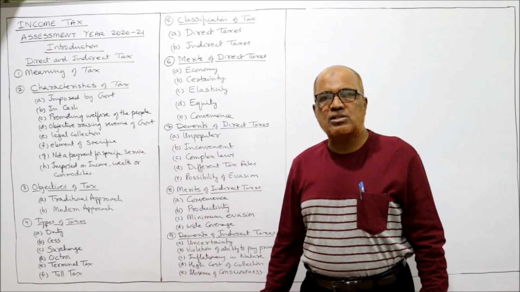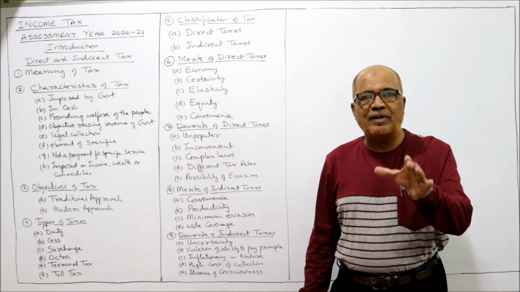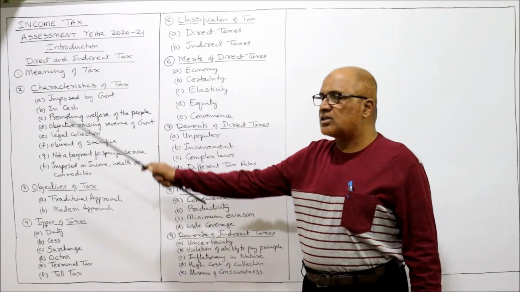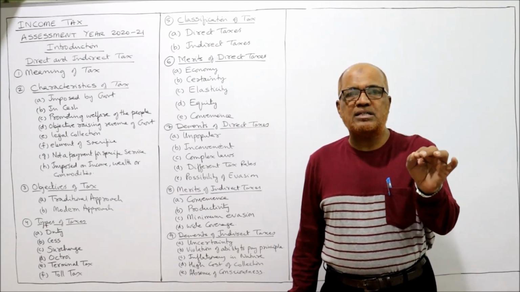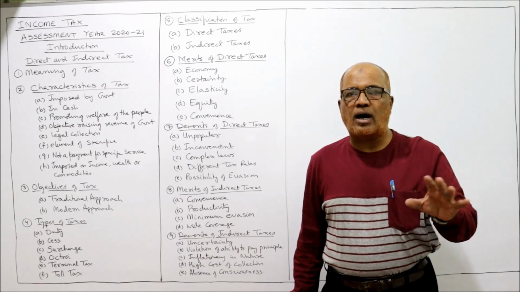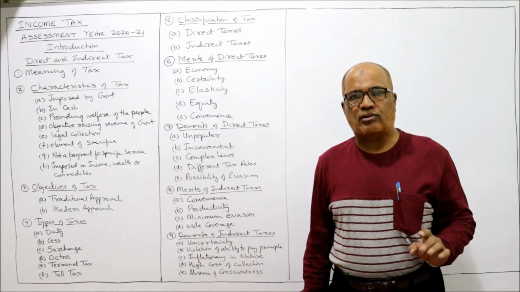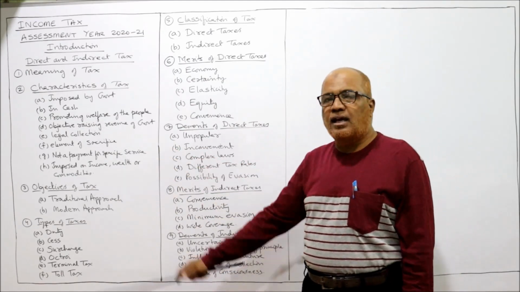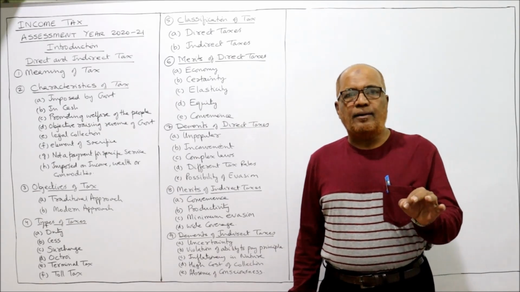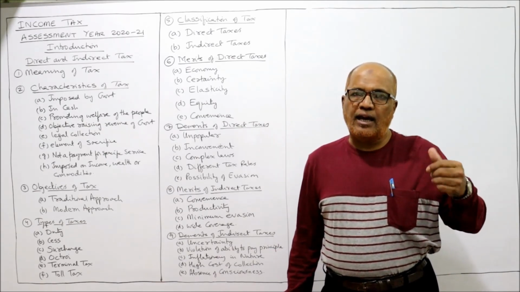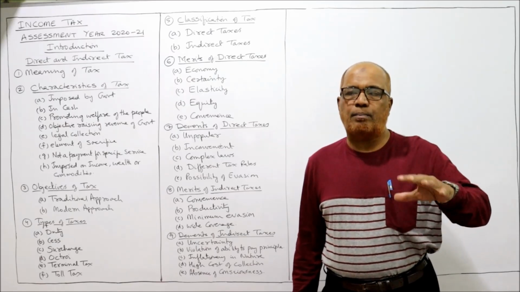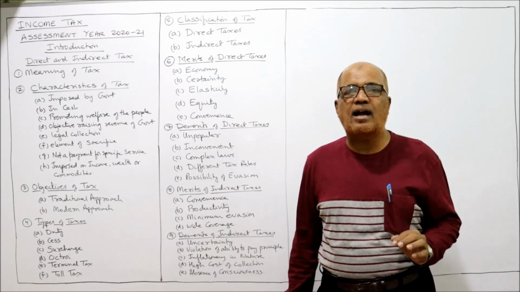Now, characteristics of tax. What are the different features of tax? The first characteristic feature: it is imposed by the government. Only the government can impose tax. No other person can impose the tax. Second, in cash. Presently, taxes are paid only in cash. In ancient times, taxes were paid in cash as well as in kind.